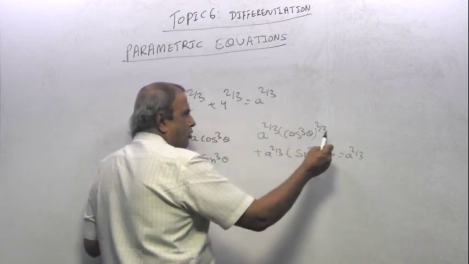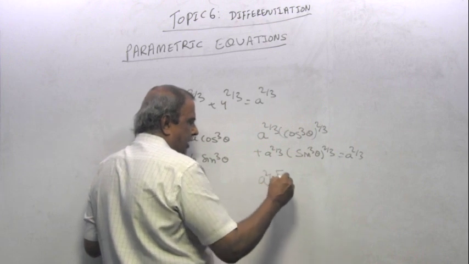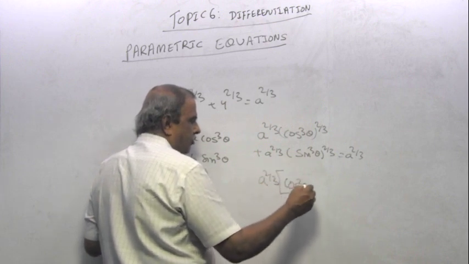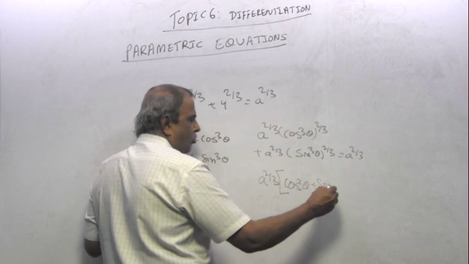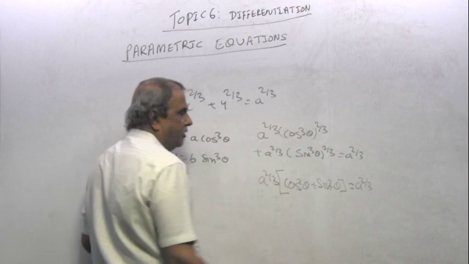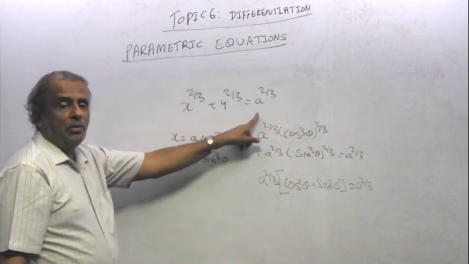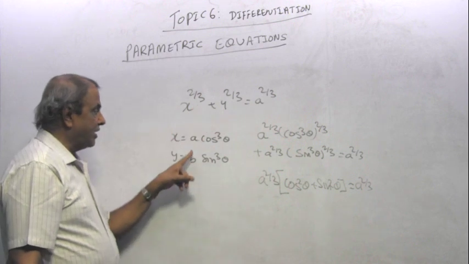Cos cube theta power 2 over 3 is cos squared theta. So I can remove a power 2 over 3 as a common factor. I get cos squared theta plus sin squared theta is equal to a power 2 over 3, which is true. In other words, instead of working with this equation, we can work with this equation.